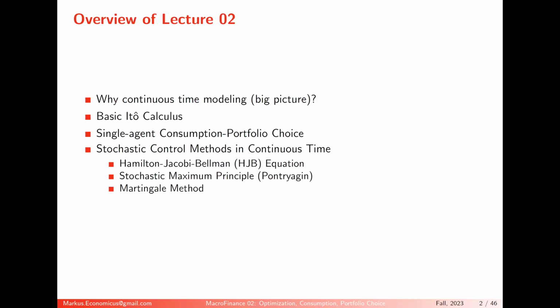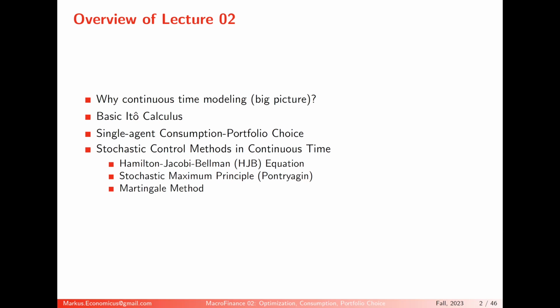That's a partial equilibrium analysis, in which an agent is choosing his optimal rate of consumption and his optimal portfolio across various assets. And we do so by using various different stochastic control methods in continuous time. Traditionally, we can use the Hamilton-Jacobi-Bellman equation, which is very similar to what we typically use in standard macro, the Bellman equation approach.